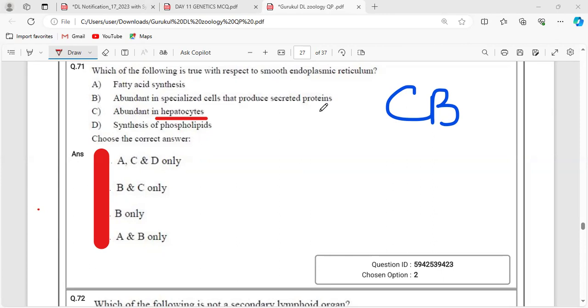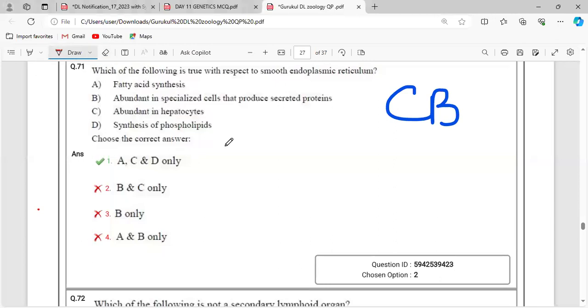Very good. Detoxification. And which organelle is responsible for detoxification? Smooth endoplasmic reticulum.